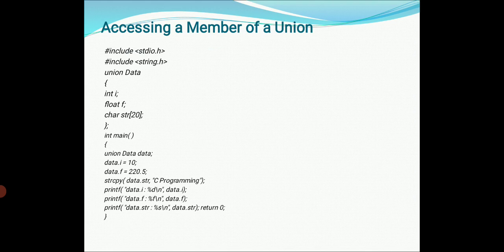We can access a member of the union by using the union variable, that is data.i = 10. 10 is the value initialized to the variable i. Then data.f = 220.5. 220.5 is another value initialized to the variable f.